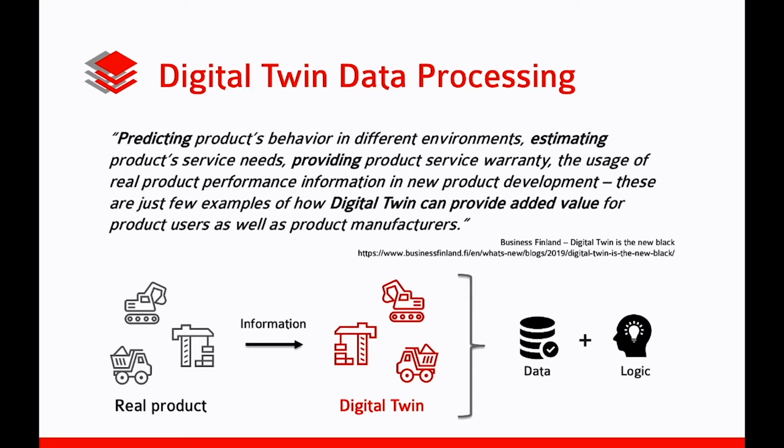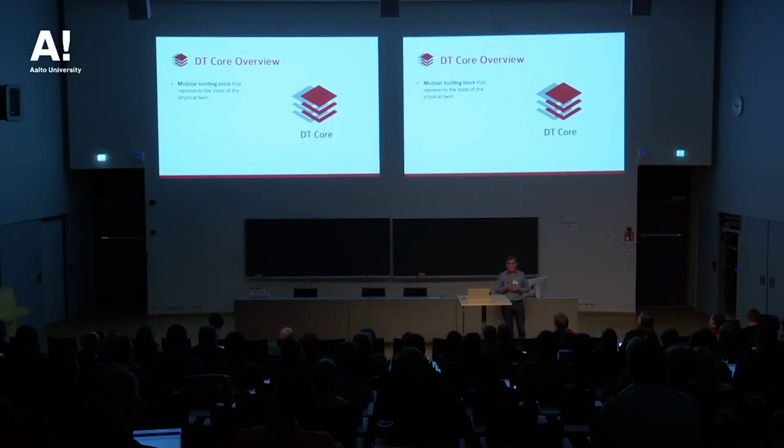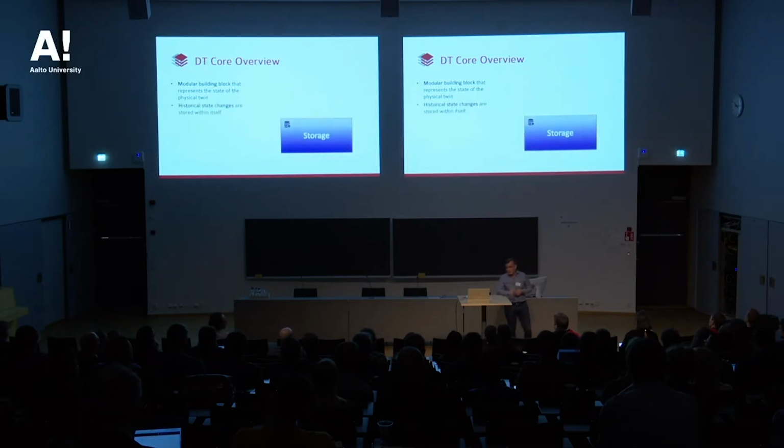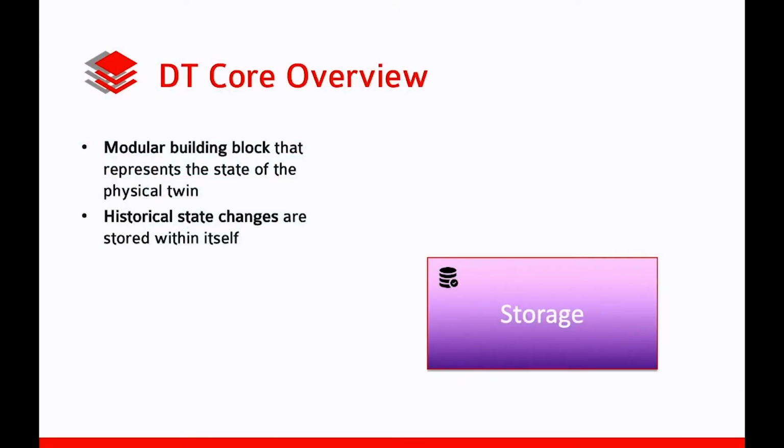So I'll run you through the different parts of what will be part of the DT core. As the topic said, it's a modular block, and that represents the digital twin. First of all, we have some storage, where you can put some data that comes from outside, or that is processed within the DT core.